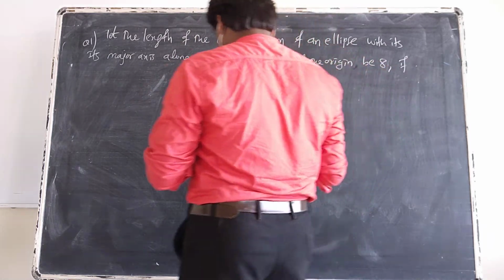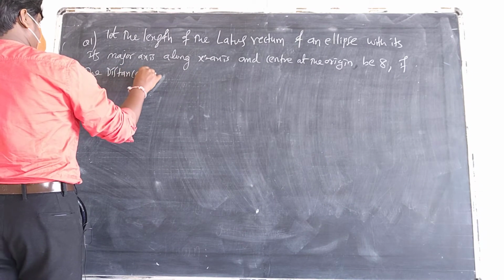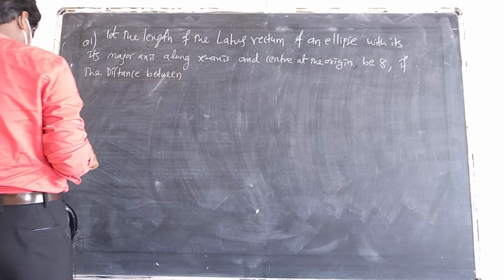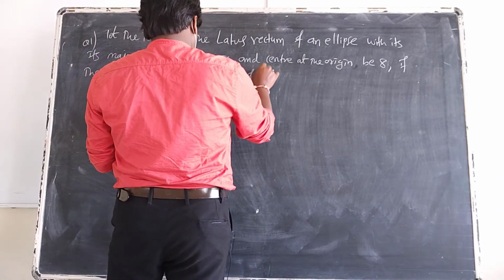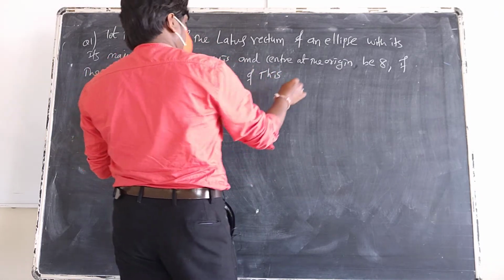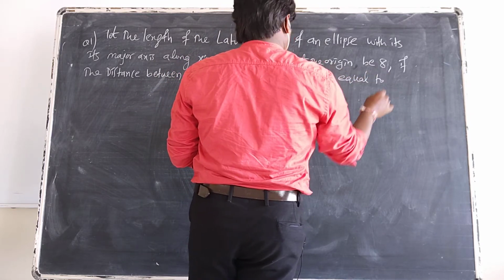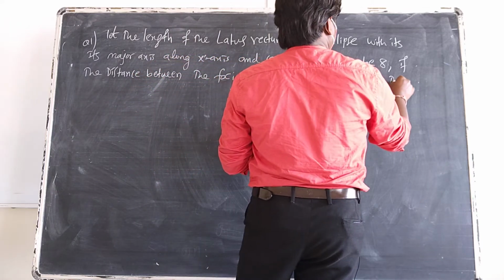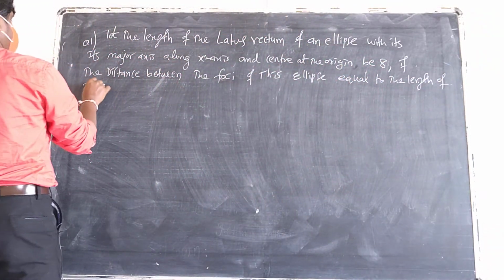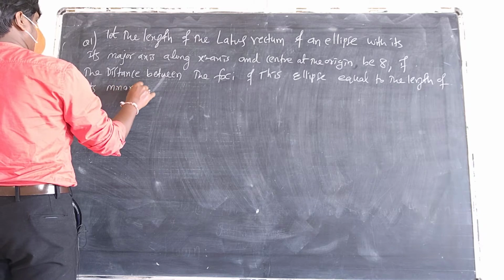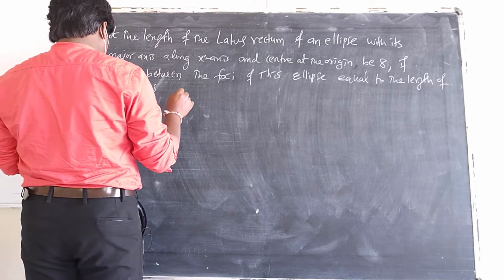If the distance between the foci of this ellipse is equal to the length of its minor axis, then which one of the following points lies on it?